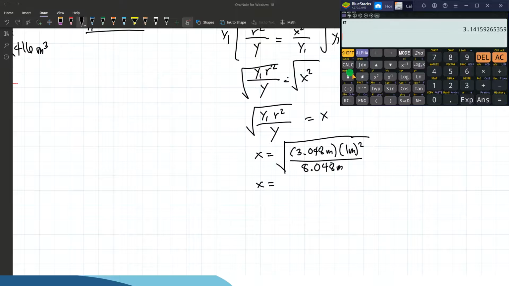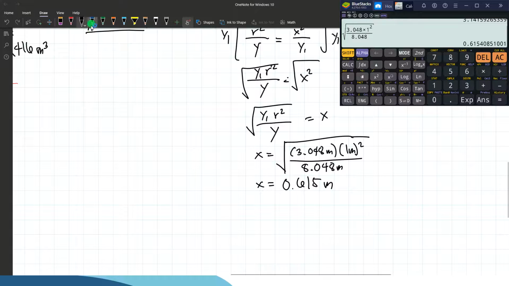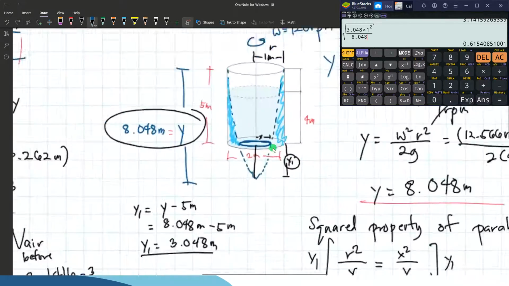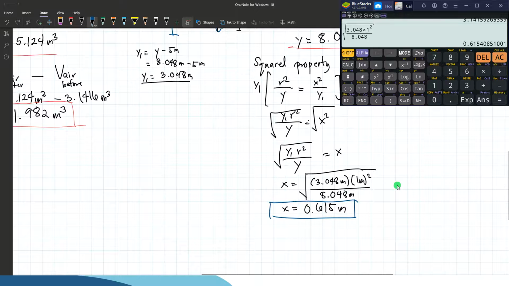So x is equal to the square root of 3.048 multiplied by 1 squared divided by 8.048. Okay, the answer is 0.615 meters. So x is 0.615. Then we can now compute the area of this circle.